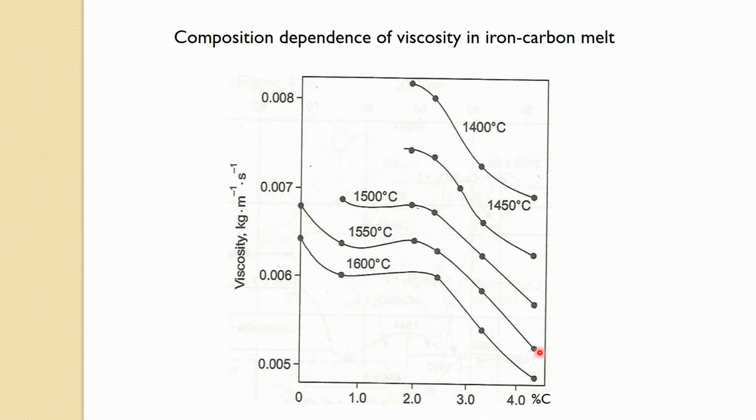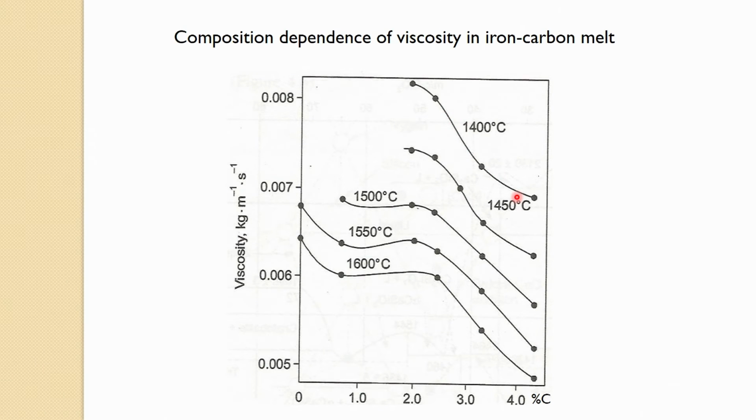You can see as the temperature increases, the viscosity is decreasing, and the percentage of carbon present in the melt also usually reduces the viscosity, which you can see in all these curves.